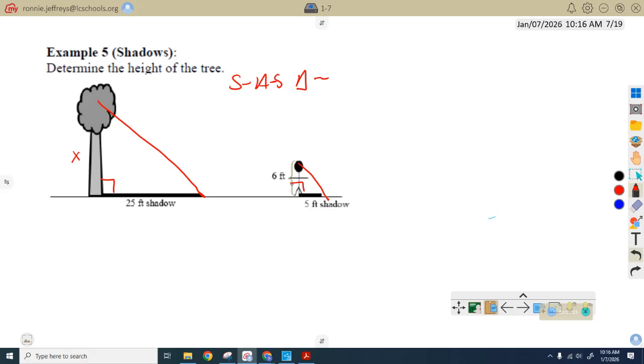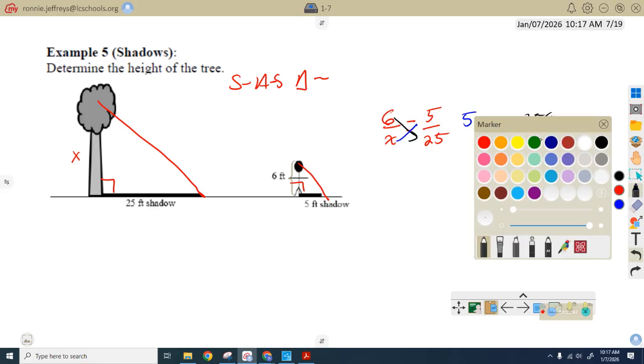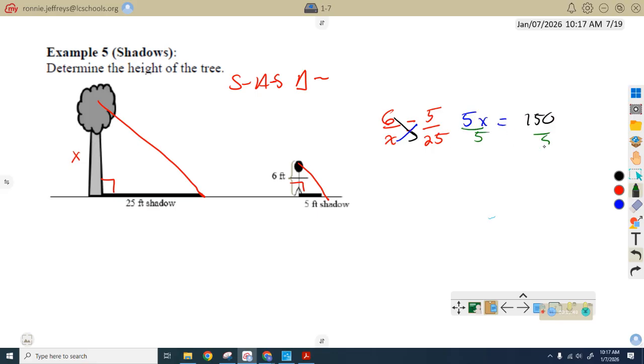If we set it up like this, our 6 foot tall person should be proportional to this. So this would be 6 over x and then 5 over 25. Just like we did yesterday, we cross multiply. So this would be 150. This would be 5x. And then we divide. So x equals 30 feet.